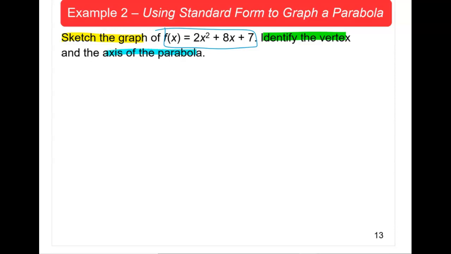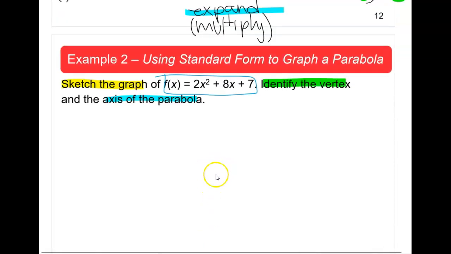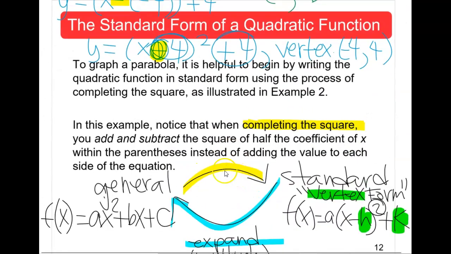To sketch the graph, I told you we were going to use this process. To graph a parabola, it's helpful to begin by writing the quadratic function in standard form. So that is what we're going to be doing by using the completing the square process.